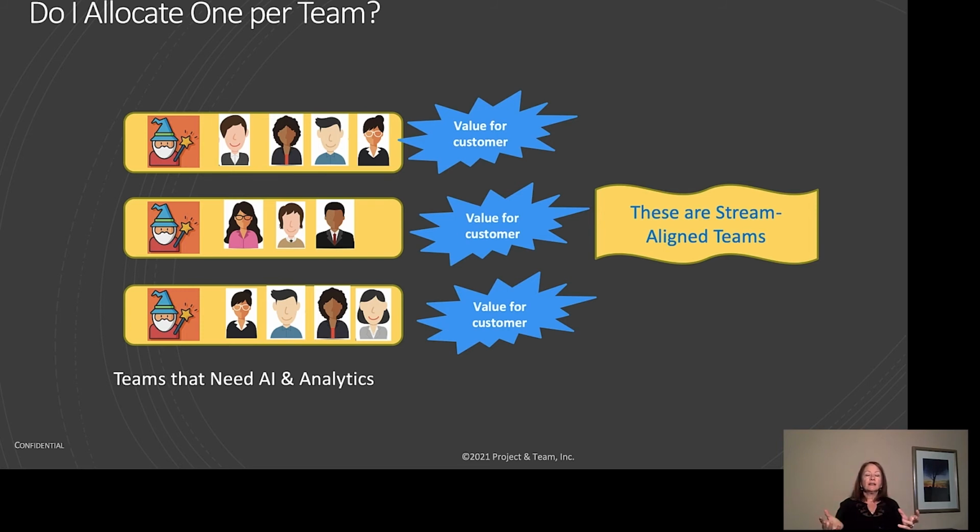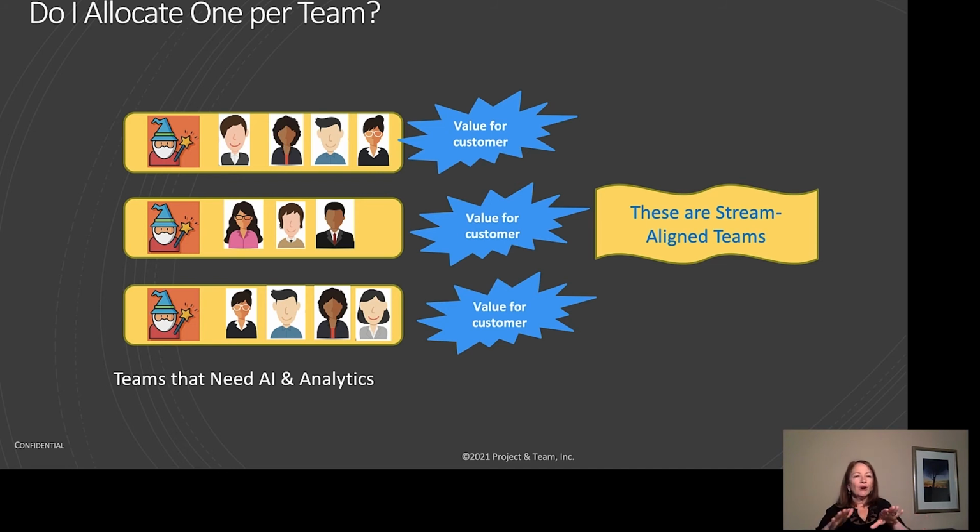So do I allocate one analytics wizard per team? Now I've designated in yellow our stream-aligned teams who are providing the value for the customer. I could allocate one per team, and this is actually the preferred scenario if we can afford to do it. Now, why do I say this is the preferred scenario?